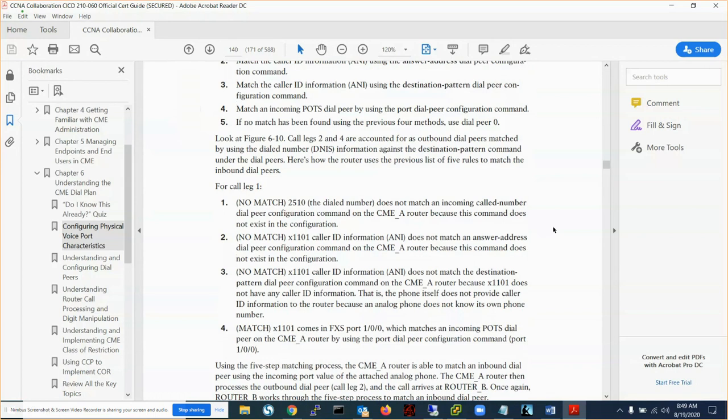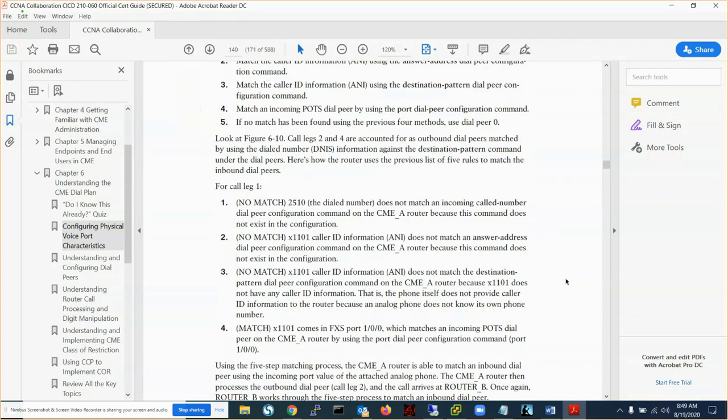It matches the outbound dial peer because 1101 is calling 2510, so it uses the dialed digits to match the outbound dial peer, which, like I said, is much easier to understand. It matches the dialed number information against the destination pattern command using the dial peers.